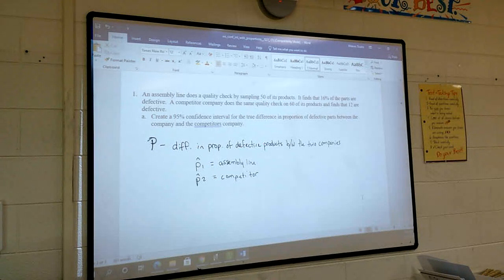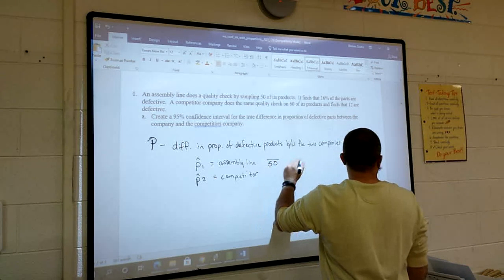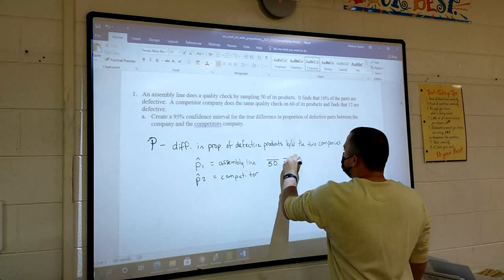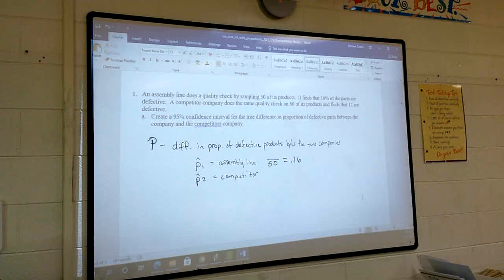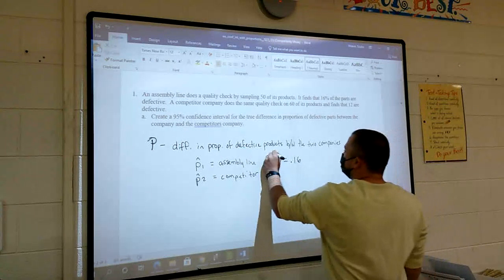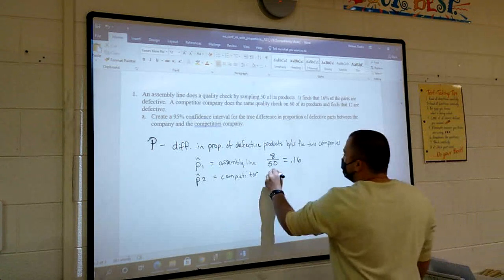So the assembly line, there are 50, so we know there's 50 total, and we know that 16% are defective. So how many out of 50 are defective? Yes, 8. Good. So 8 out of 50. The competitor says that 12 out of 60 are defective.